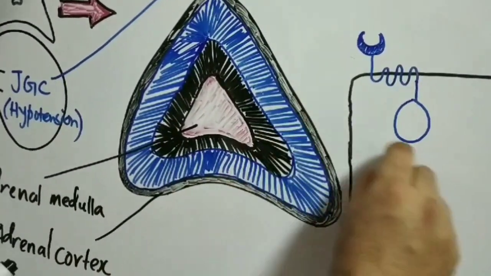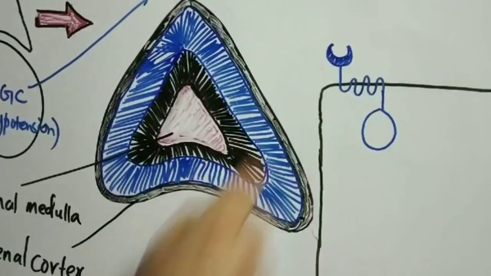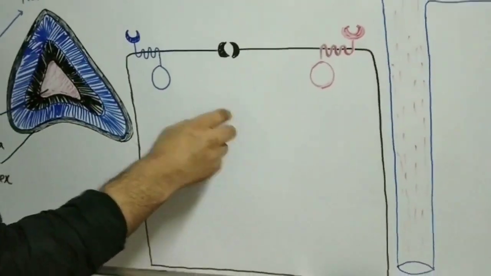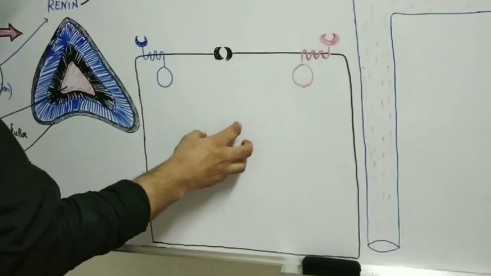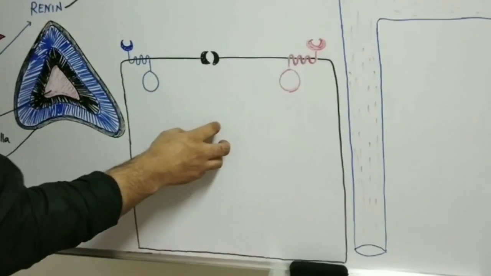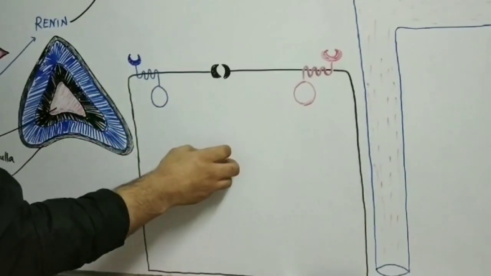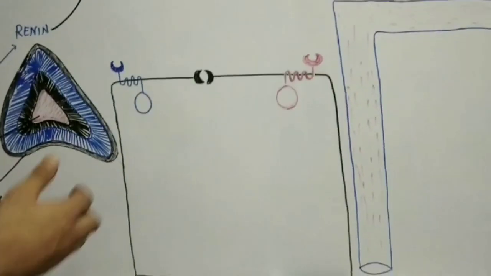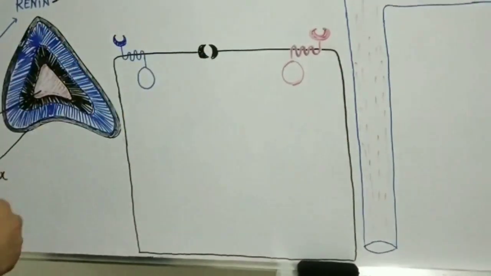I will zoom in on one of the cells here. This is a cell of the zona glomerulosa. This cell produces a hormone known as aldosterone. Now, how is aldosterone produced?